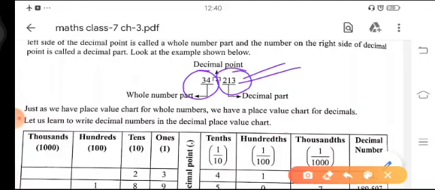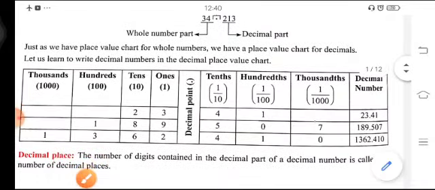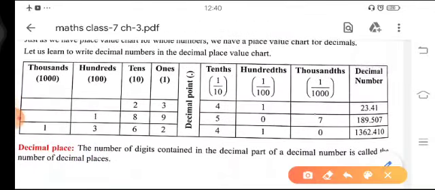Okay, so now how will we represent decimal numbers on a place value chart? First we have to make a table like this. In the middle of the table we will make a column for the decimal point. On the right side we will make the decimal parts: tenths, hundredths, thousandths.